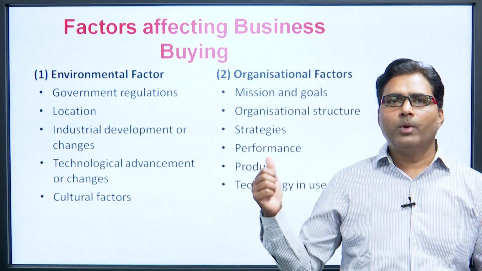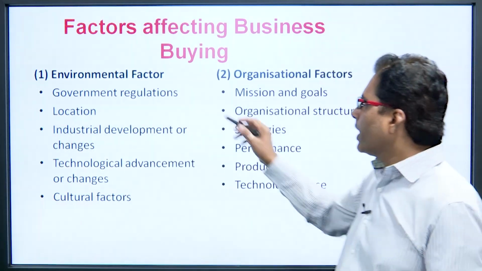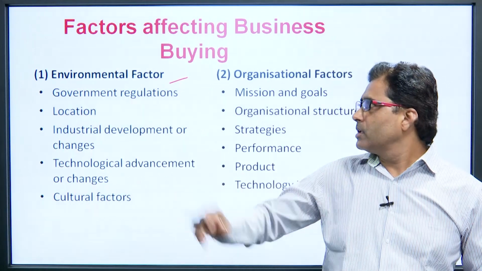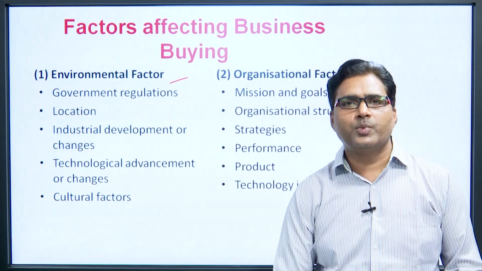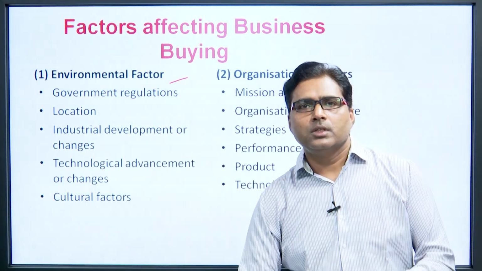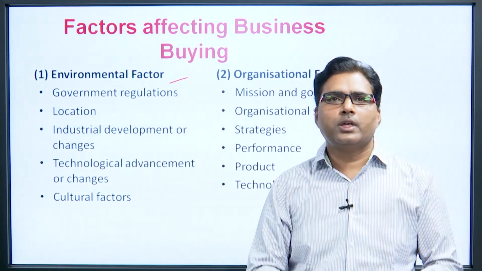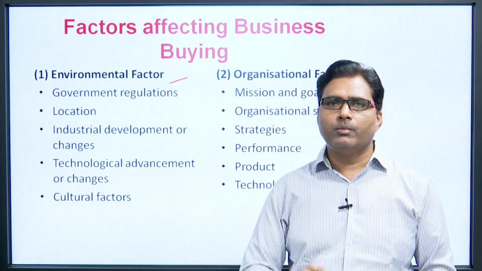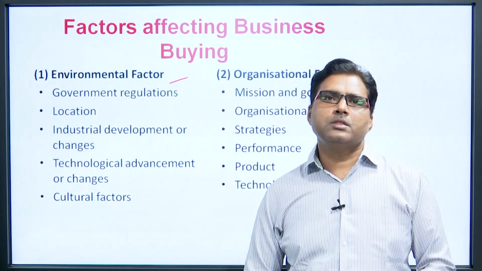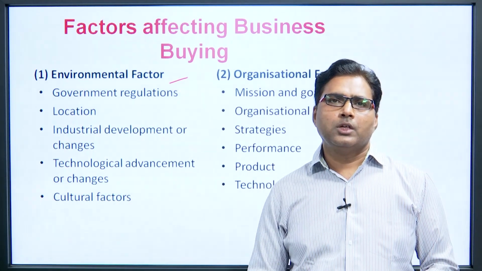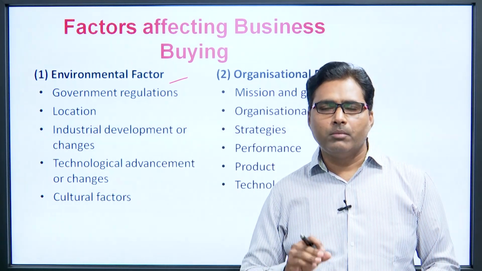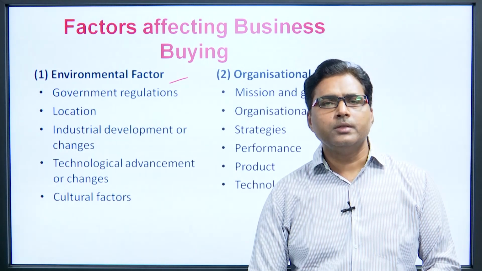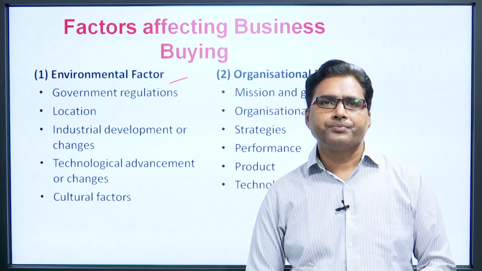Environmental factors are basically associated with government regulations, meaning the legal aspects of the business in which it is working. They may go for different kinds of permissions and licenses, and for these purposes the government regulations influence the activities or decisions of business buying.